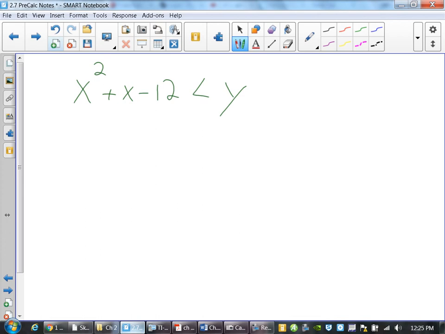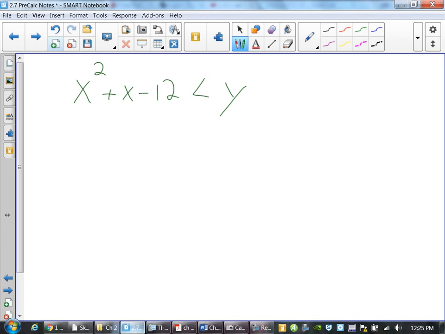Now, if you go to graph this, what do you think you're doing? Just like you said earlier, you treat it with an equal sign. When you graph a parabola, one of the easiest ways is to find the zeros and then work backwards out of that.